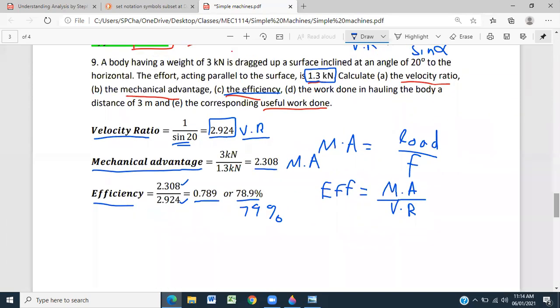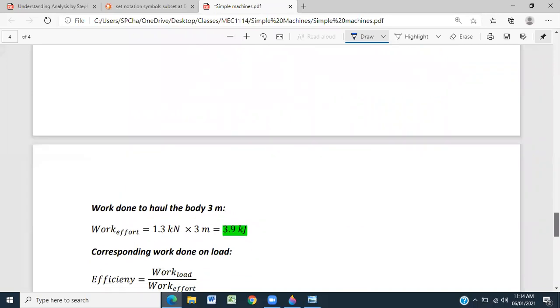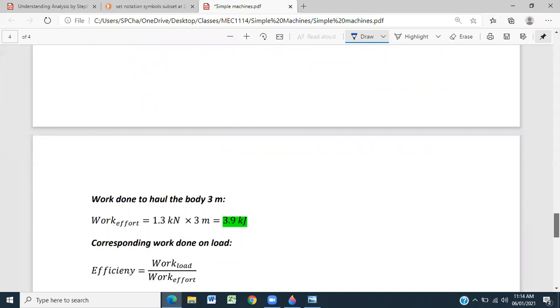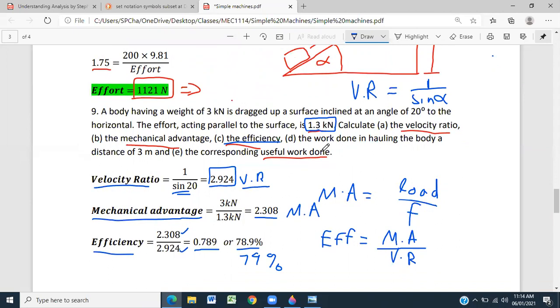Now for D, the work done in hauling the body a distance of 3 meters, and E, the corresponding useful work done. So what they want here is the work done by the effort, the work we put into the system, and the corresponding useful work done.